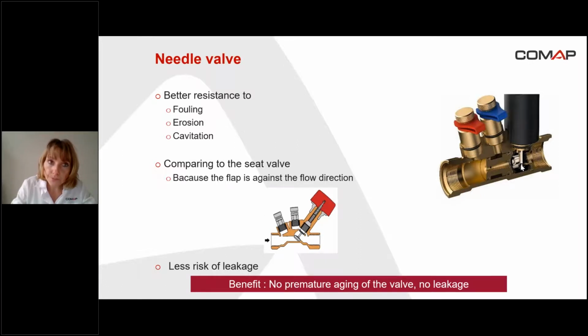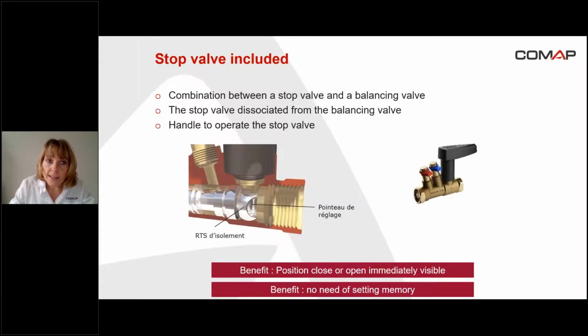So it's more robust. We said that it's a combination of a stop valve, a ball valve, and a balancing valve with the needle. So here we have two valves, a stop valve and a setting valve, which are dissociated. And there is a handle to operate the stop valve, so it's easier.